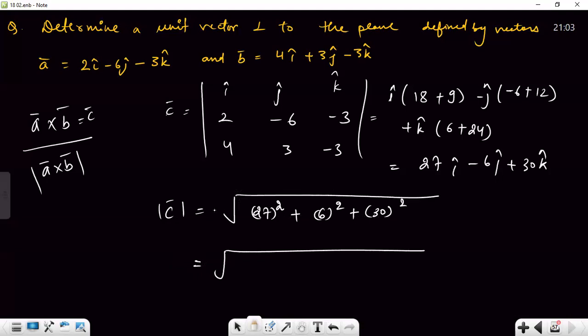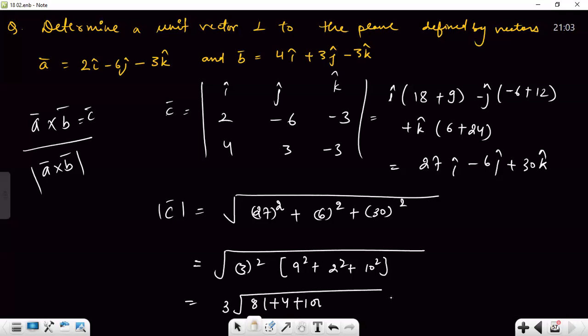So 3 square will be taken common. This becomes 9 square, this becomes 2 square, this becomes 10 square. Now this is much more solvable. 3 whole square will come out as 3 only, square root of 81 plus 4 plus 100. This comes out as 3 into square root of 185.